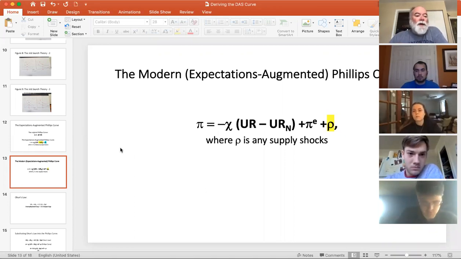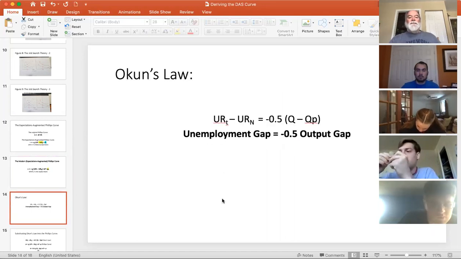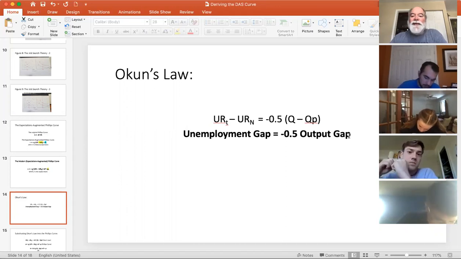Anyway, Okun's law said, and this was actually based on regression analysis, for every percentage point that GDP rises above potential, the unemployment rate falls 0.5 percentage point below the natural rate. Now I have that on a slide to make it easier for you. The unemployment gap is half the output gap.